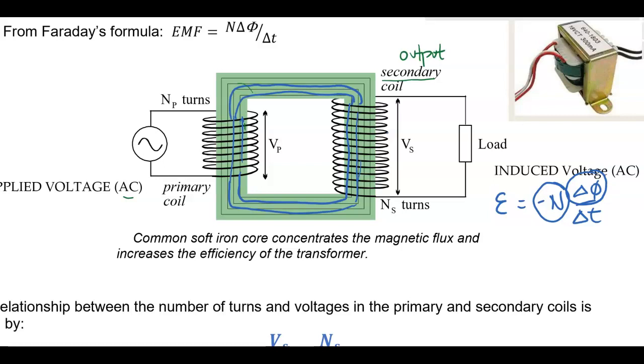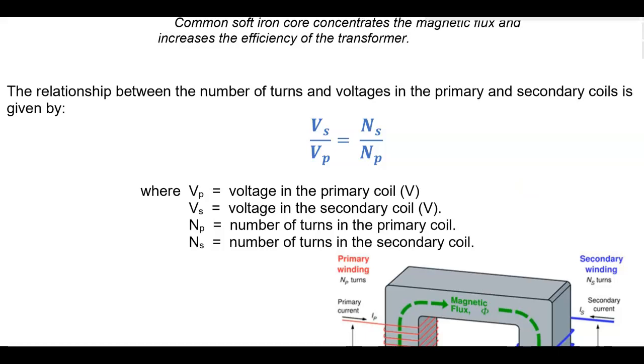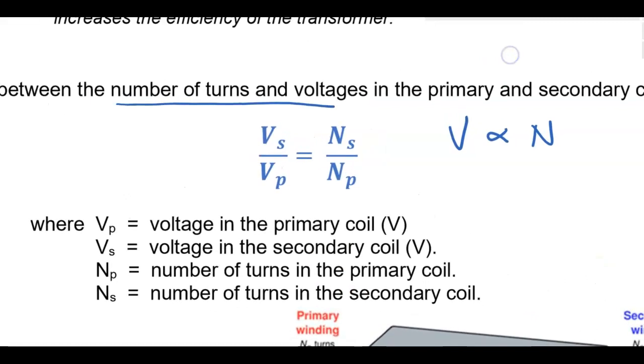So that moves us on to our first relationship: the number of turns and the voltages are proportional to each other. So the voltage generated is directly proportional to the number of turns. And that's shown as a ratio.